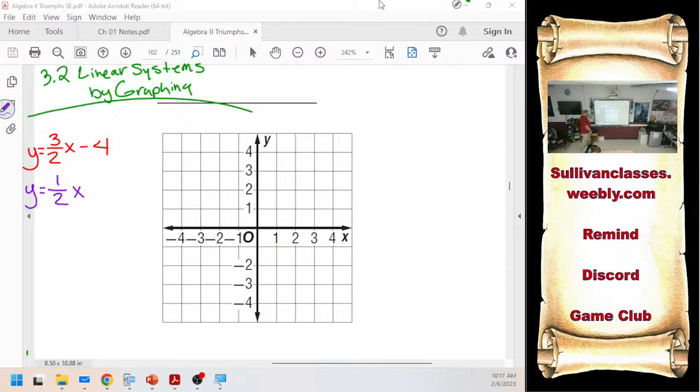Graph and tell me the solution. Again, in the back of your packet, if you are neat enough that you feel confident making your own graph, fine. Otherwise, there's graph paper over here by the calculators.